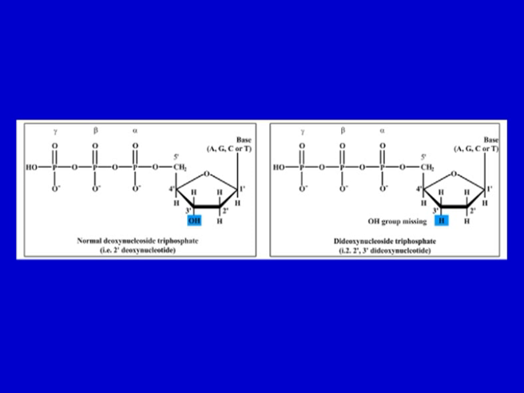So, the extension will not occur, the next reaction will not occur actually in chain extension. So, when the dideoxy analog is incorporated in the growing polynucleotide in place of the corresponding normal nucleotide, chain growth is terminated because of the absence of the 3 prime OH group.